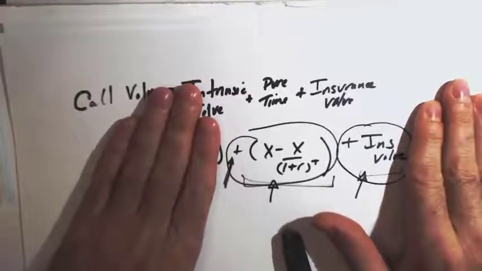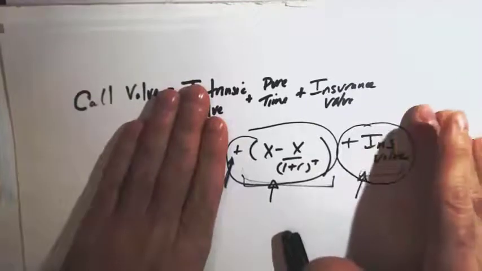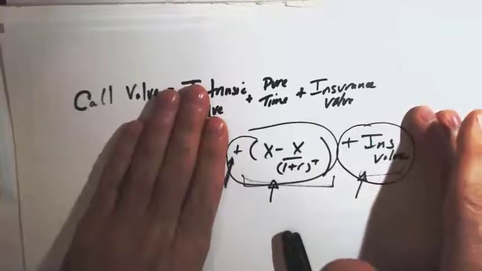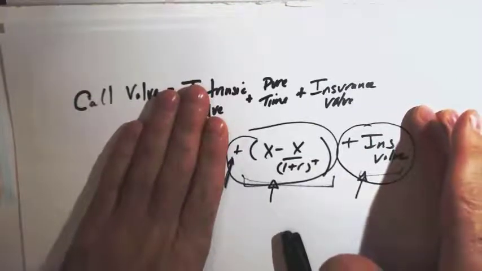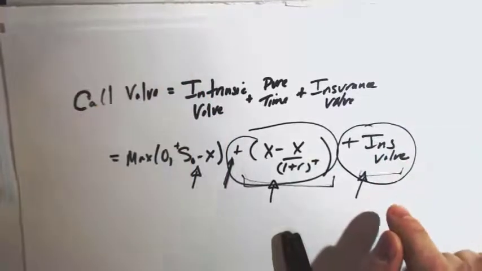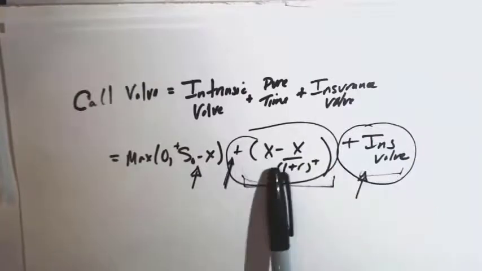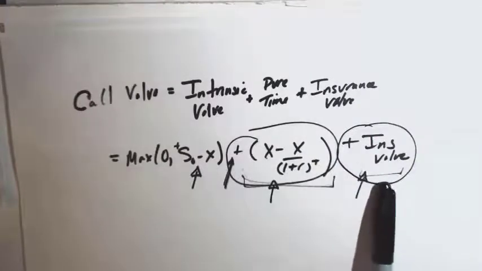On an American option that pays a dividend, exercise it early because you're going to get the dividend. If these two components are larger, you're better off just selling the option, taking the cash, and walking away from it. So really what it boils down to is the size of these two components.